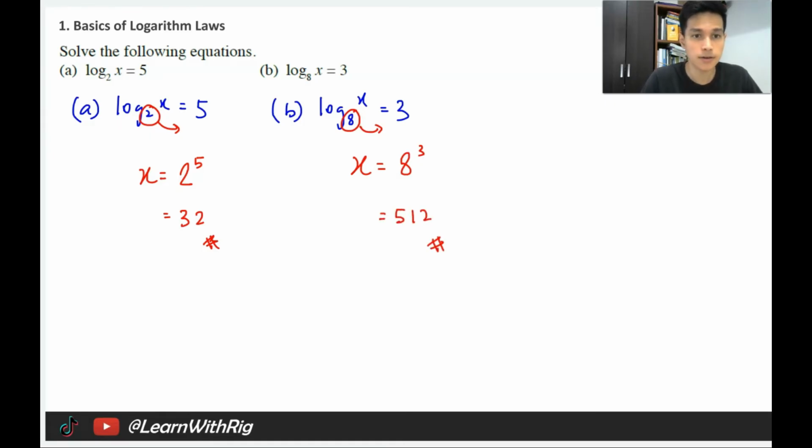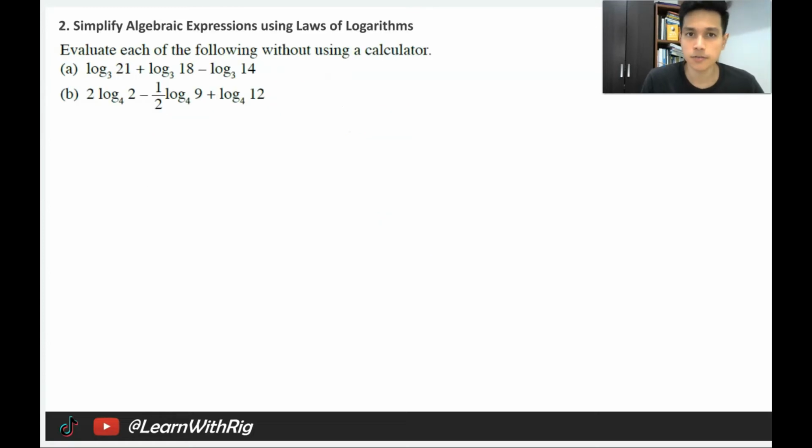Okay, next. Evaluate each of the following without using a calculator. You notice that all of these logs have the same base, correct? Base 3. So there's nothing to worry about because you don't have to change the base of the log. And you notice here there is plus and minus, correct?